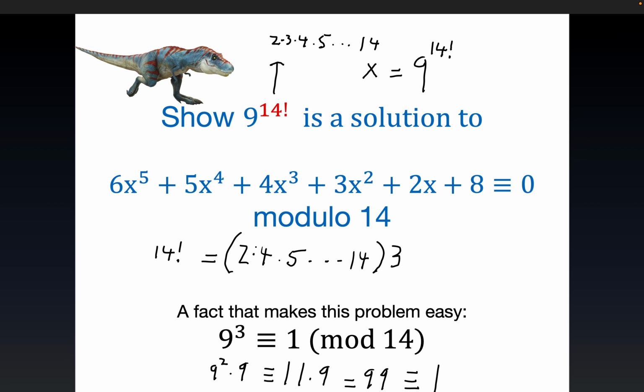I just wrote it that way for convenience because we can call this part right here m. We don't have to name this number. We'll just call it m.